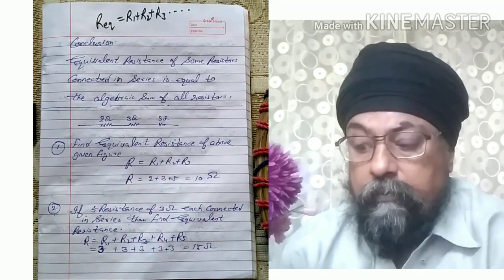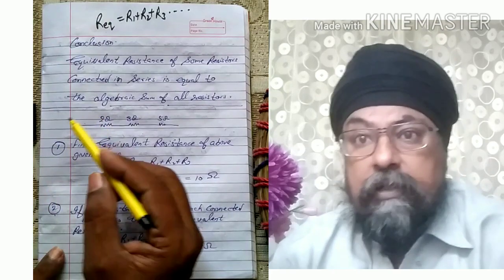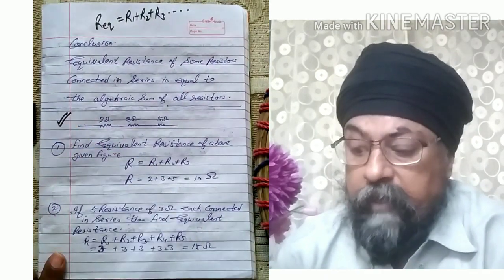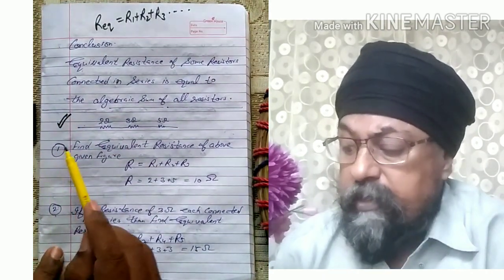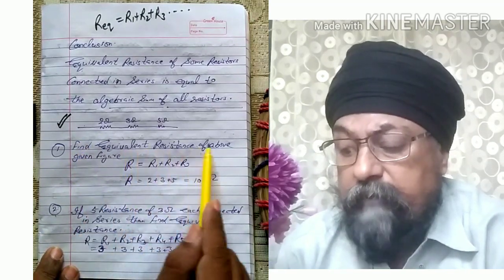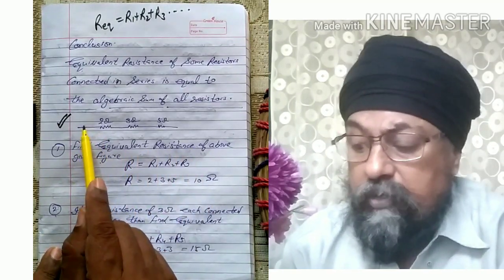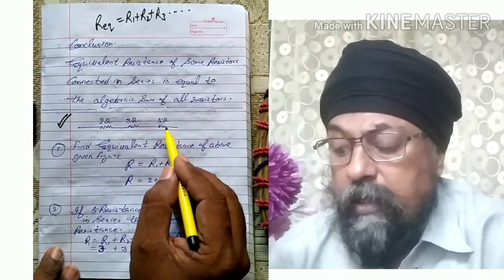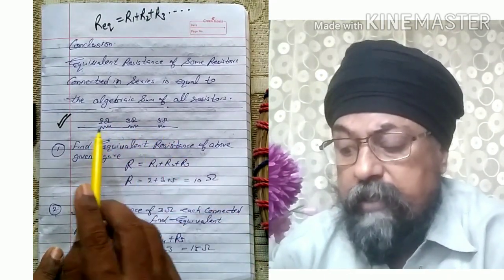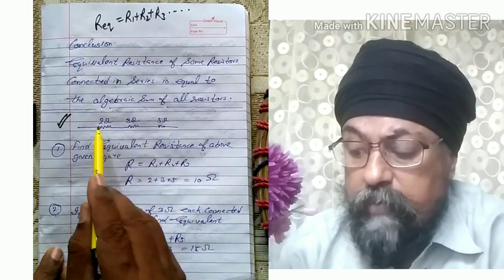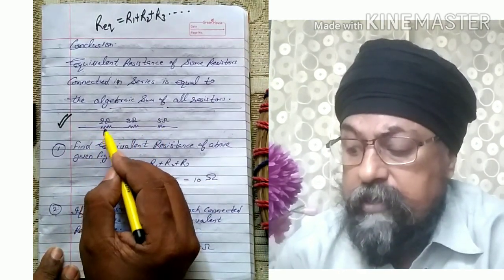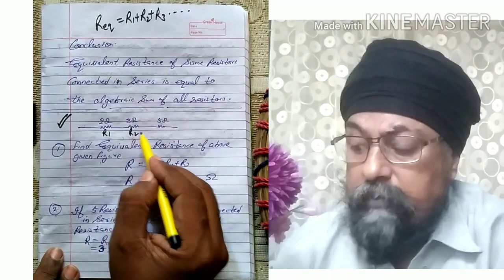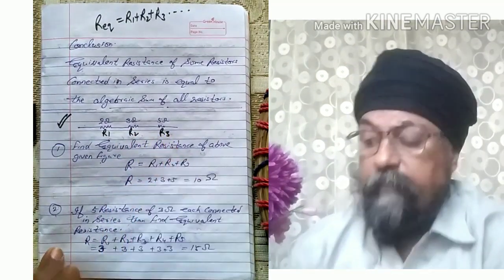Now we will move to some numericals on this topic. Find the equivalent resistance of the given figure. In the figure, the first resistance is 2 ohm, the second is 3 ohm, and the third is 5 ohm, connected one after another. That is a series combination. Let 2 ohm be R1, 3 ohm be R2 and 5 ohm be R3.